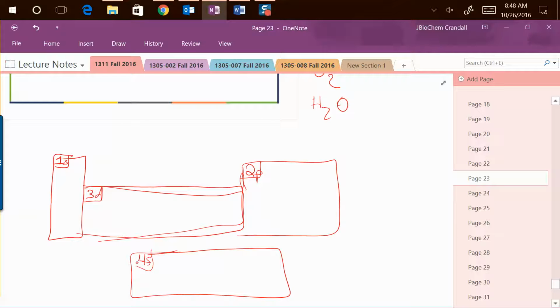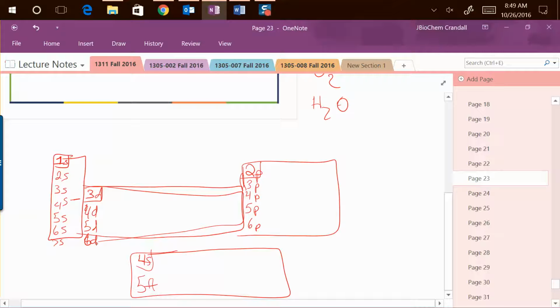Now, I can easily identify where anything on my periodic table is. Okay? I can just label down 1s, 2s, 3s, 4s, that should be in line with that, 5s, 6s, 7s, 2p, 3p, 4p, 5p, 6p, 4f, 5f, 3d, 4d, 5d, 6d. Okay?